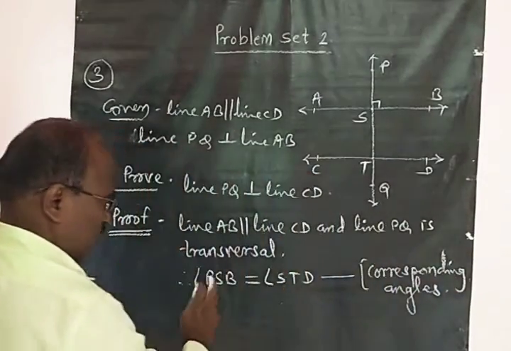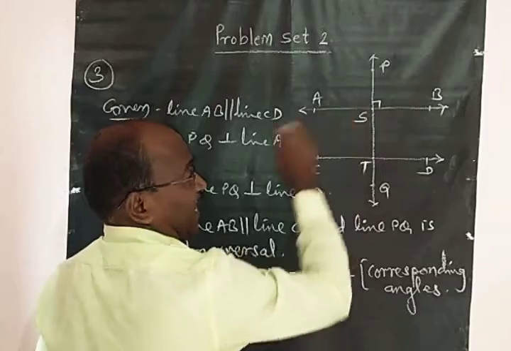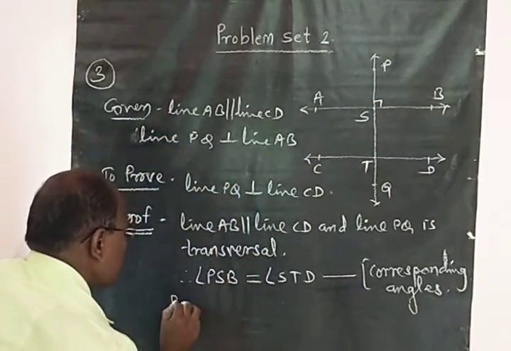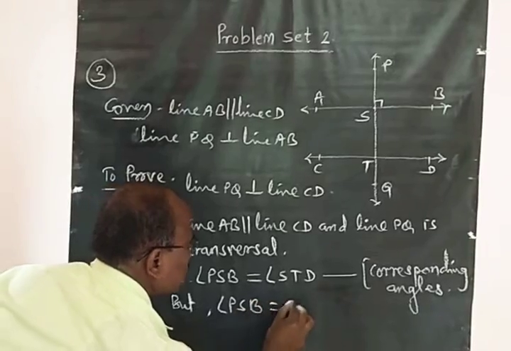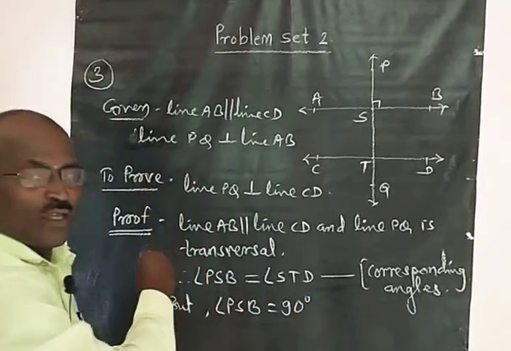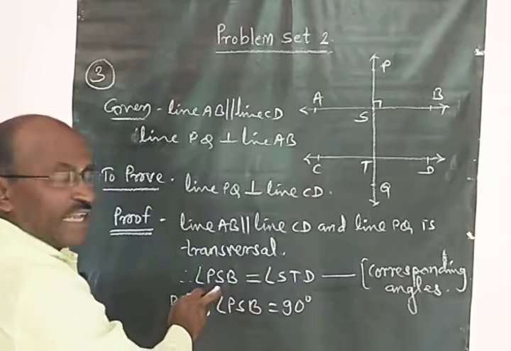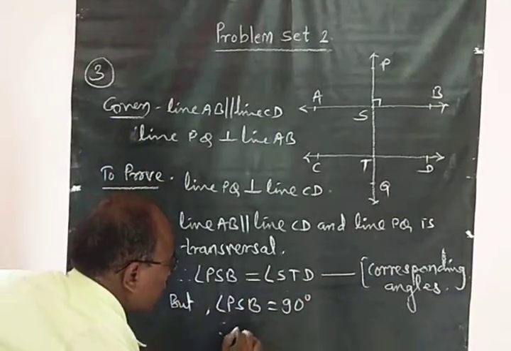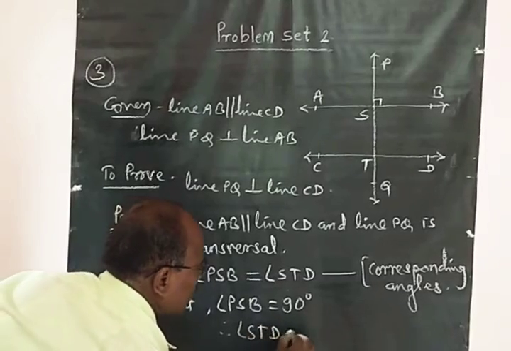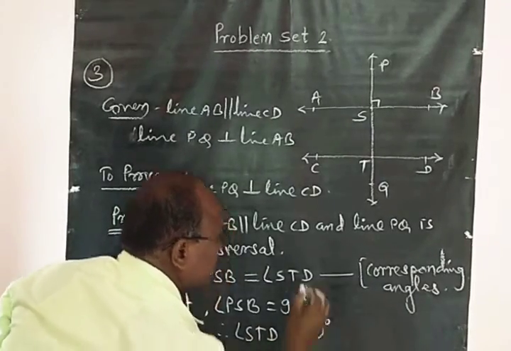But here, this one is right angle. But angle PSB is equal to 90 degree. Out of these two angles, one is a 90 degree, so other is also 90 degree. Therefore, here angle STD is also 90 degree.